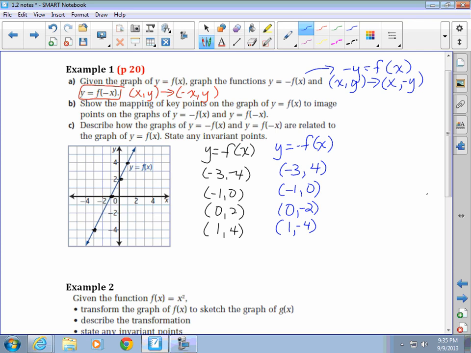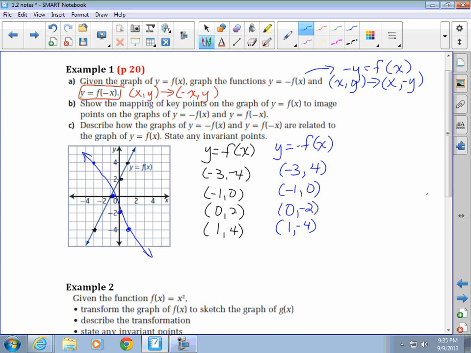So if I go to graph these on here, my first point was at negative 3 and 4, so right there. Negative 1 and 0, 0 and negative 2, and then the last one was at 1 and negative 4. So this line now, try to make it straight. Ooh, that was bad.